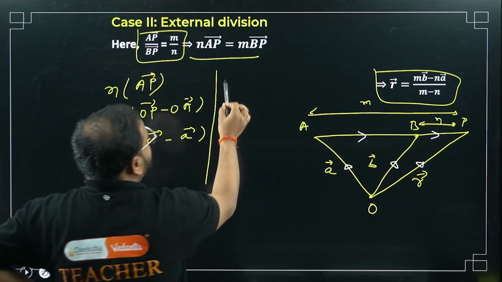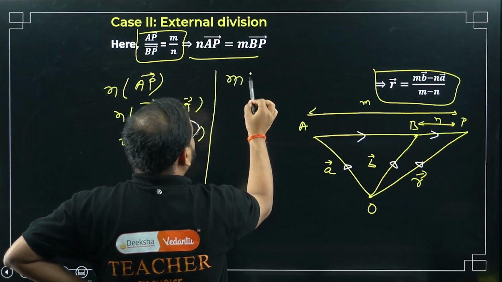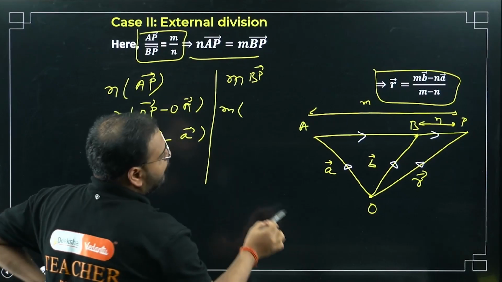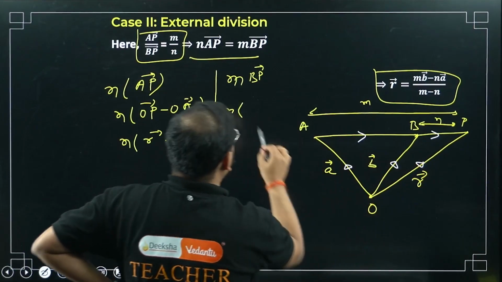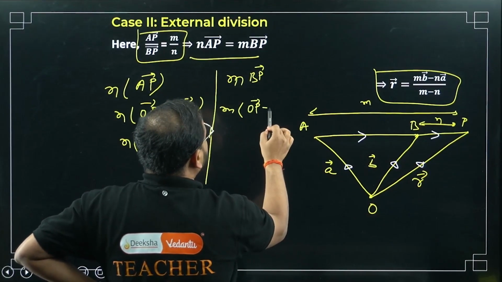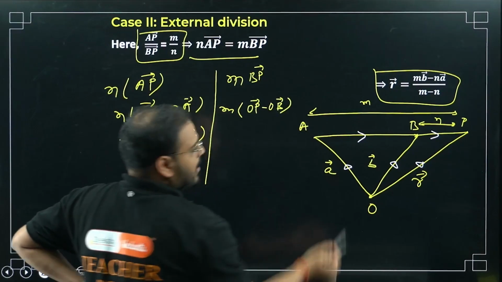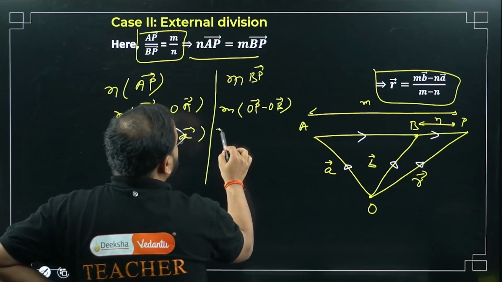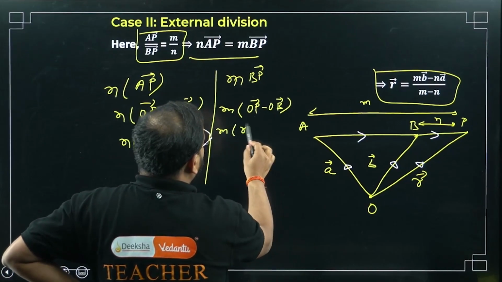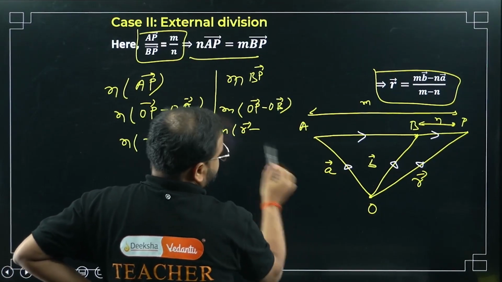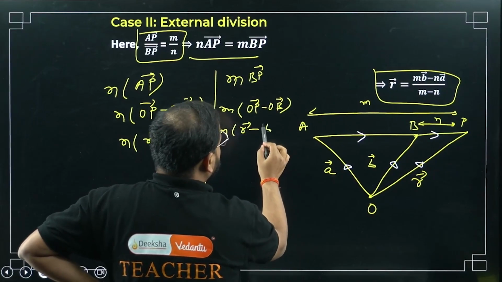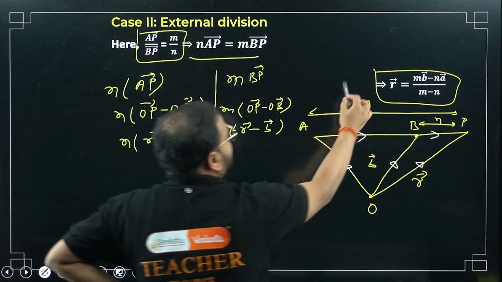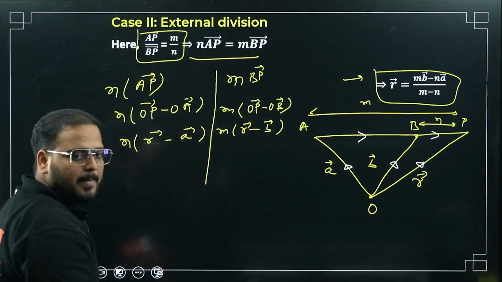Same way I can write M times of vector BP as M times of OP minus OB, which we get by applying the triangle law of addition. Please apply and get it. So OP was R, minus B here. Please solve this, you're going to get the same result. Solve this, you're going to get this result from here. Please check. Okay, all right.